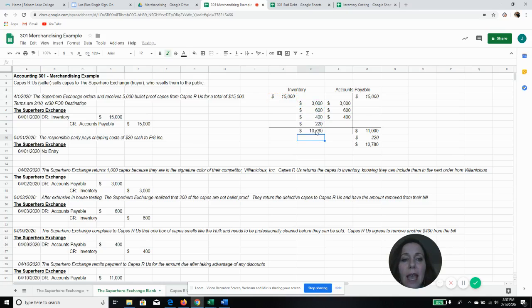That gives us a value, sorry, that's on the wrong side. Let me just do that again really quick. Of $10,780. So the inventory that we have kept is worth $10,780, which is exactly what we paid for it.